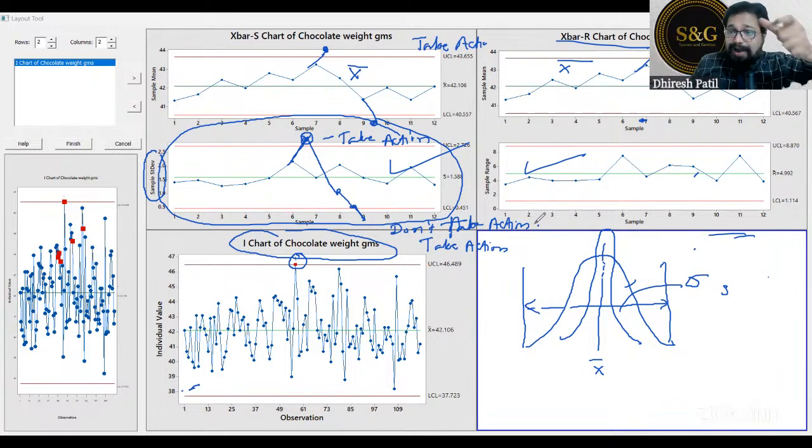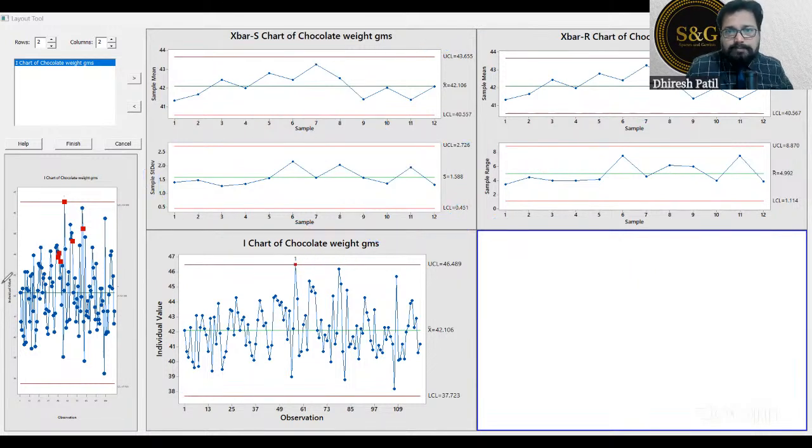In the X bar R and X bar S chart, in a nutshell, just focus here. Let me clear all this stuff. Let's focus on these two charts. This is the first one and this is two.